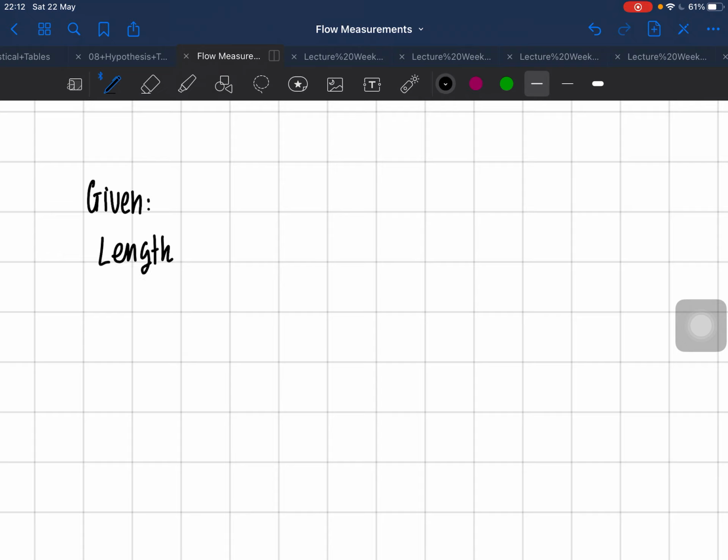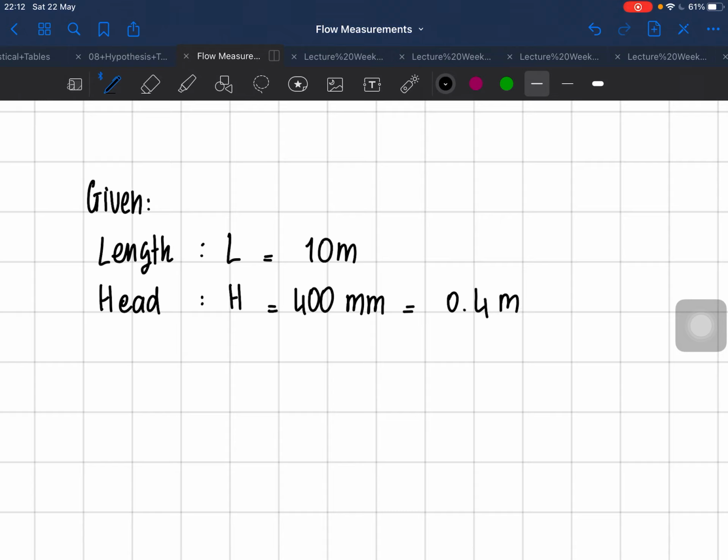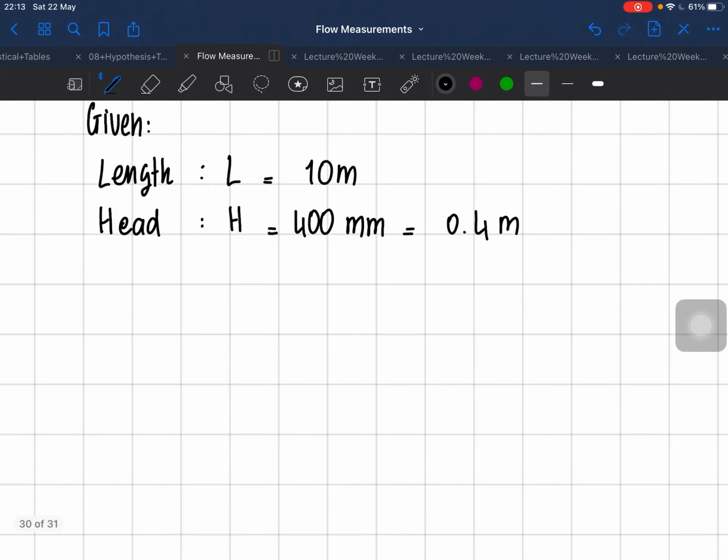L, the length of the weir, right? So L equals 10 meters and H, the head, equals 400 millimeters, which equals 0.4 meter, because it's 400 times 10 to the power of minus 3, so basically 0.4 meters.